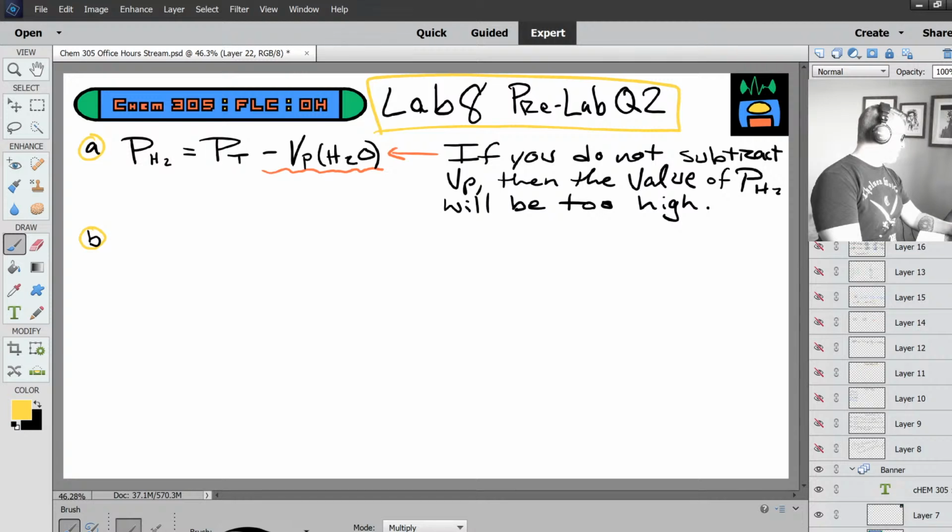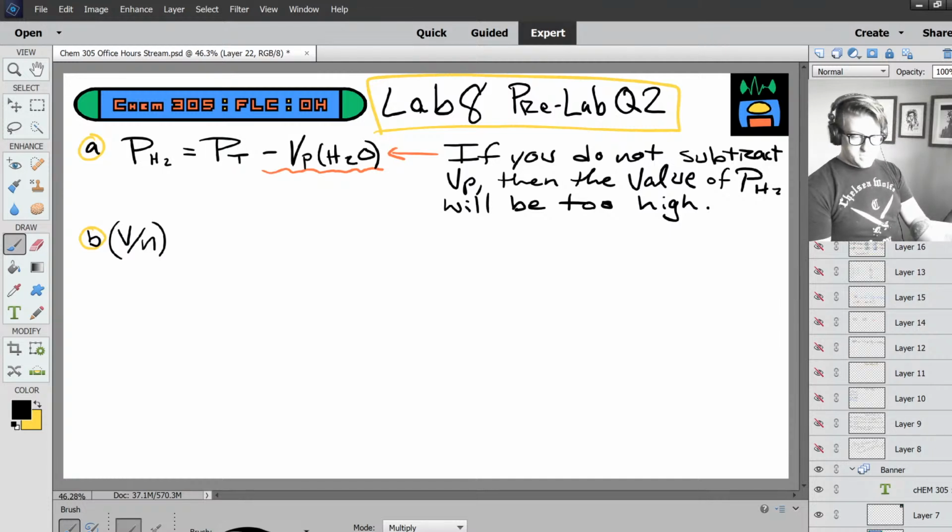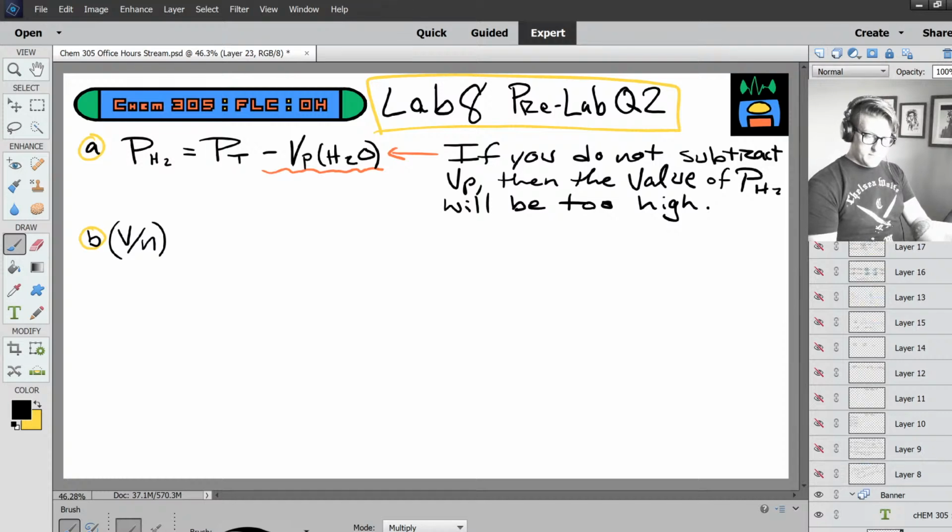Part B, explain how the value you calculate for the molar volume of hydrogen would be affected. All right? Now, molar volume is equal to volume divided by moles. All right? And you can actually get an equation for molar volume from the ideal gas law.